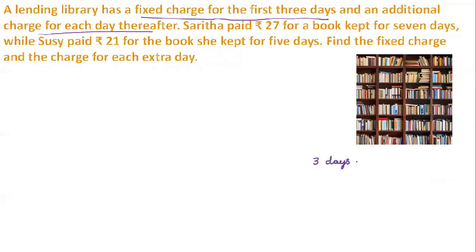For 3 days you have to pay the fixed charge. After that you have to pay an additional charge for each day. If you keep a book with you for 4 days, then for 3 days you pay the fixed charge and for another 1 day you pay the additional charge.